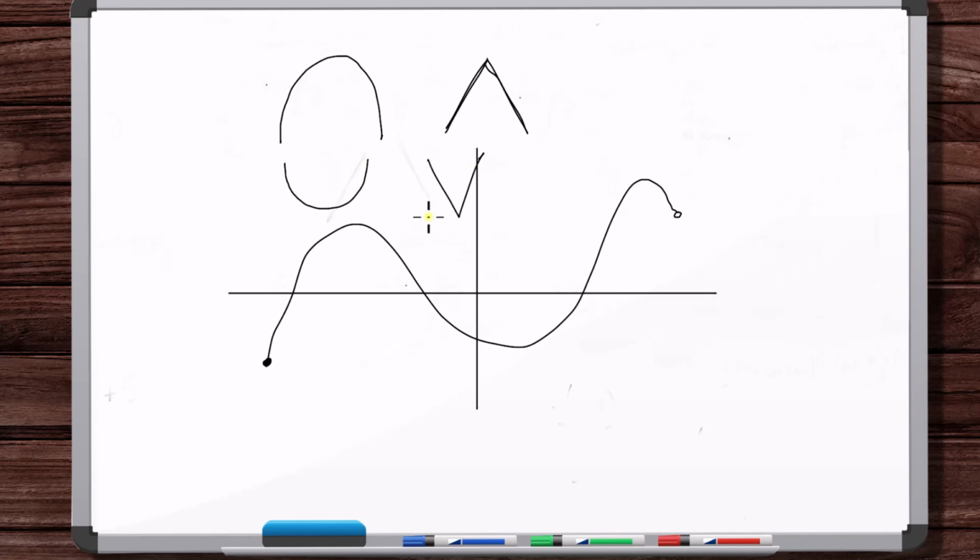If the derivative doesn't change signs, so if at the critical point the derivative equals 0, or the derivative doesn't exist here, but it doesn't change signs, then that tells you that there is no local max or min at that point. It's not that it's inconclusive, it's telling you there is no local max or min.